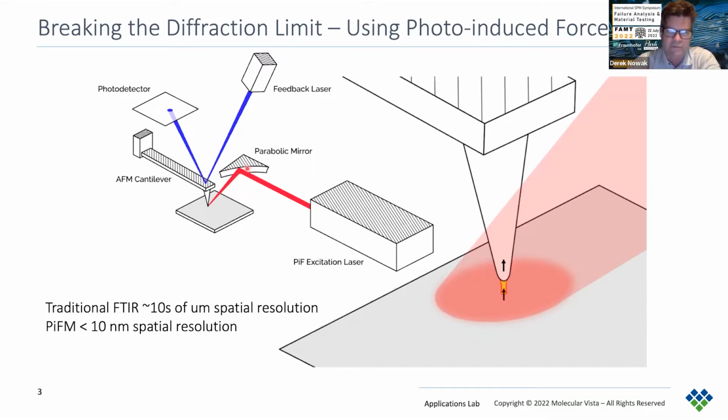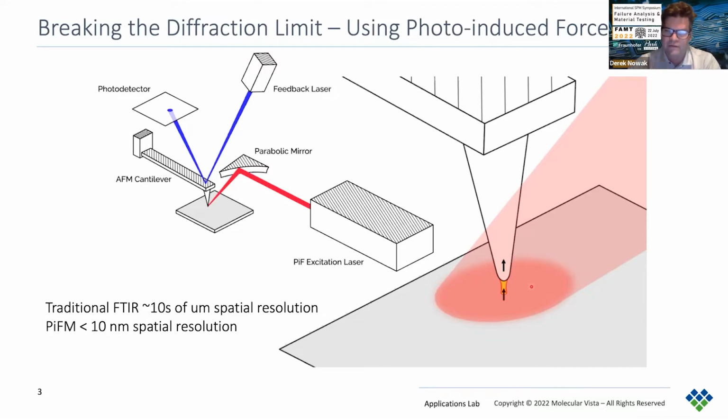We take this light, we focus it with an off-axis parabolic mirror, and we project that onto the end of the cantilever. The idea there is that you're going to generate a local hotspot with the end of your SPM probe, and that's going to effectively reduce the imaging area. But to go a step farther, with this photo-induced force we're not going to measure photon scattering off of the end of the tip, which would be commonly done with, let's say, a TERS technique or a tip-enhanced fluorescence technique.